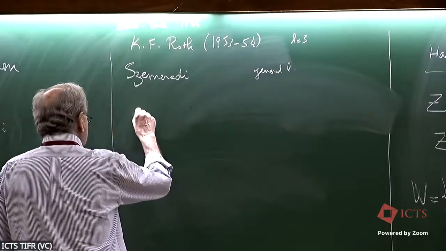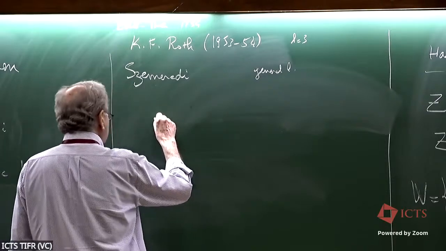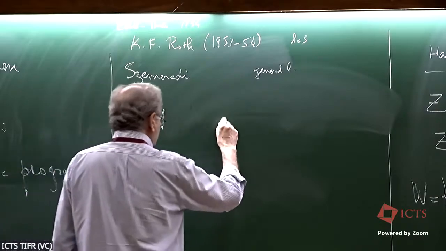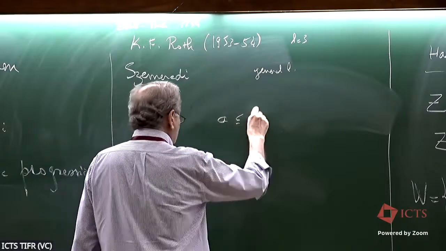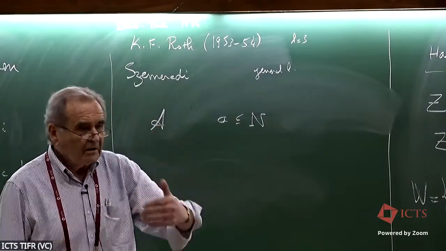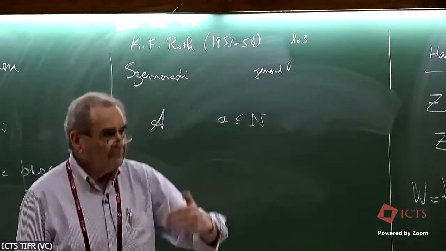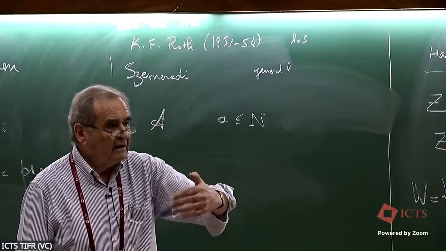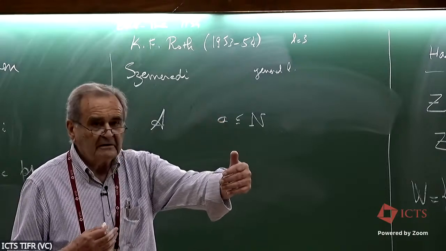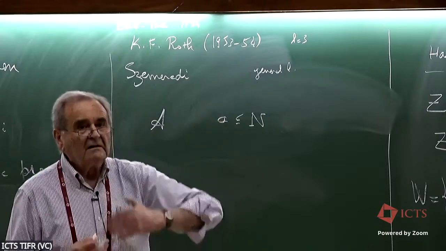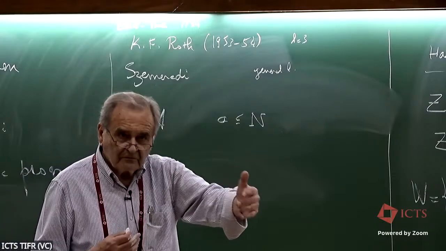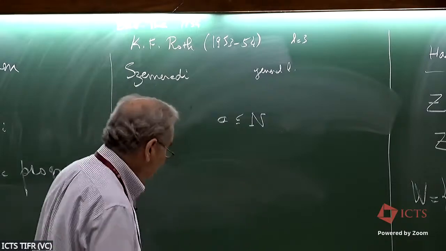So he has a set A, and he considers the elements of A up to capital N. And of course, you can choose N. N will be large. And you don't have to fix N a priori. You, of course, choose N such that the density is sufficiently large. This is why it is enough to have the upper density and not the density everywhere. It's just using N for which you have enough elements up to N. Not stupid enough to go in a place where there's nothing to say.